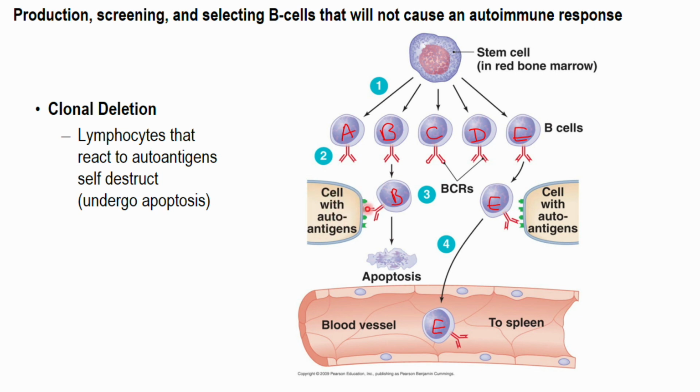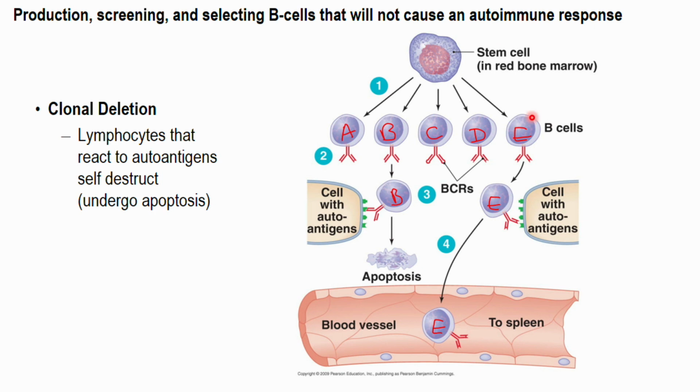It's basically putting it on the outside saying, hey, if you're a B cell receptor which binds to this, then we need to kill you, or you need to kill yourself. Because the only thing that should get through is a B cell that cannot bind through its receptor to something that is part of you, something that is self.